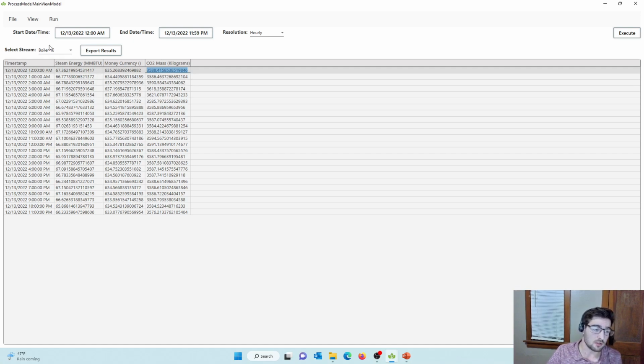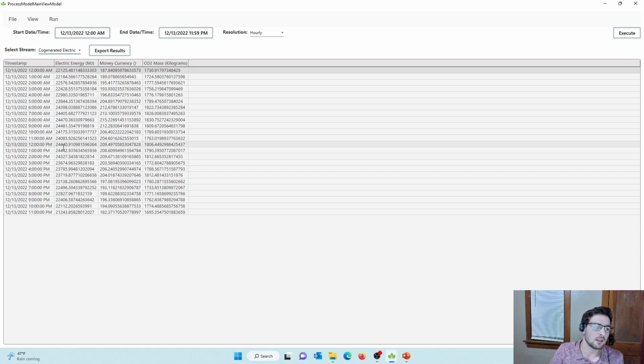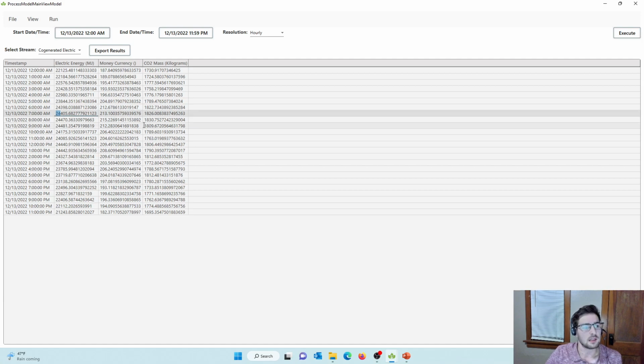And so that's just a view at the beginning of the process, but if we want to look later in the network, we sure can. So, for example, co-generated electric, we can see that our electric turbines from the hour of 7 to 8 a.m. produce 24,000 megajoules of electricity. And this is how much money it cost us, and this is the emissions associated with this electric.